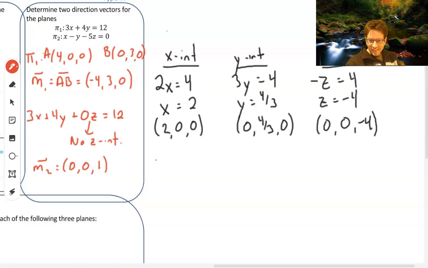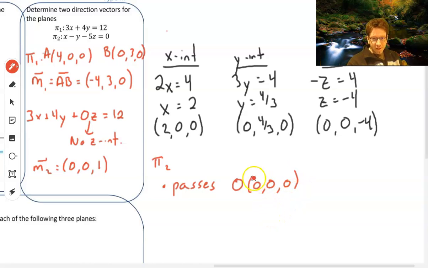Okay, so looking at the second plane then. So we have x minus y minus 5z equals 0. Okay, so there's no d coefficient there. So we know it passes through the origin, which is coordinates 0, 0, and 0.